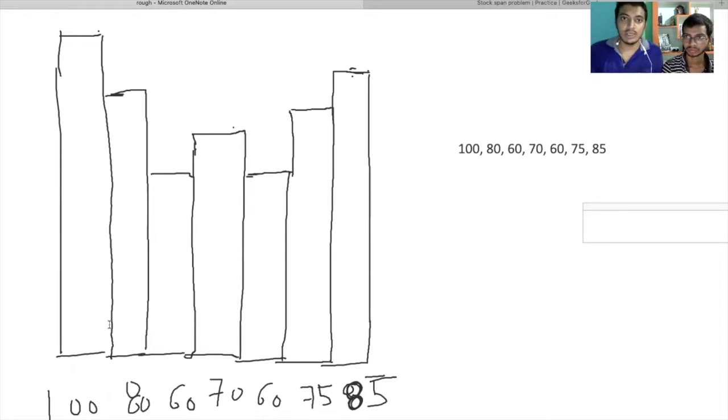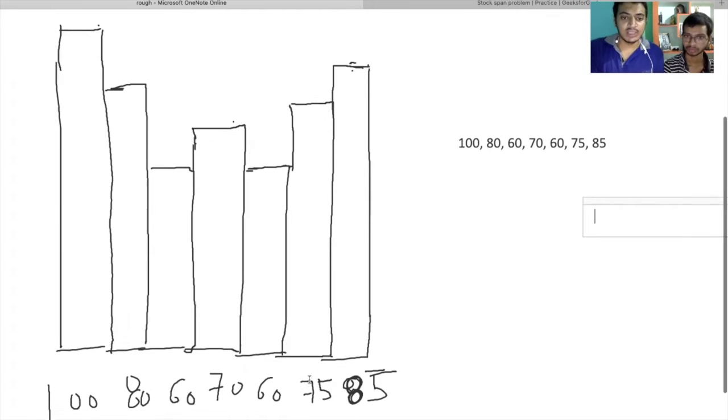This problem is not only about finding the left leader. It has a bit more added to it. For every element, even if it is not a leader, you have to at least check how many elements on its left are consecutively smaller than that element. For example, take 75.